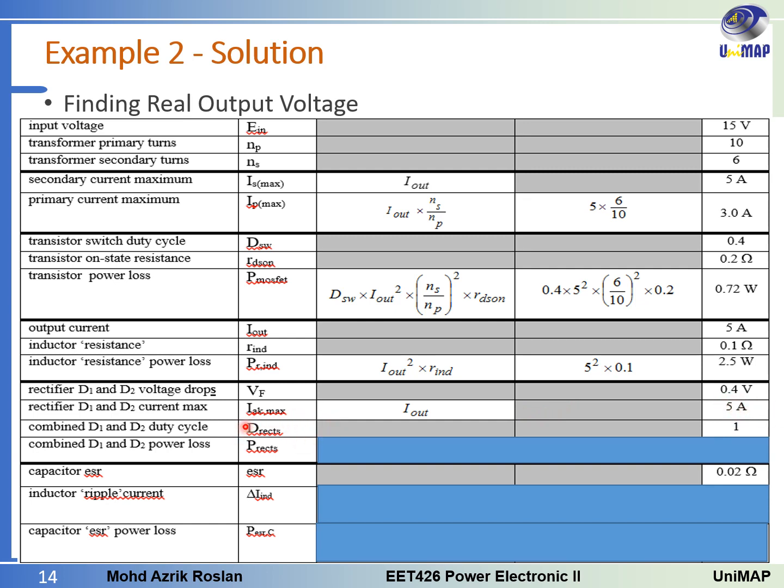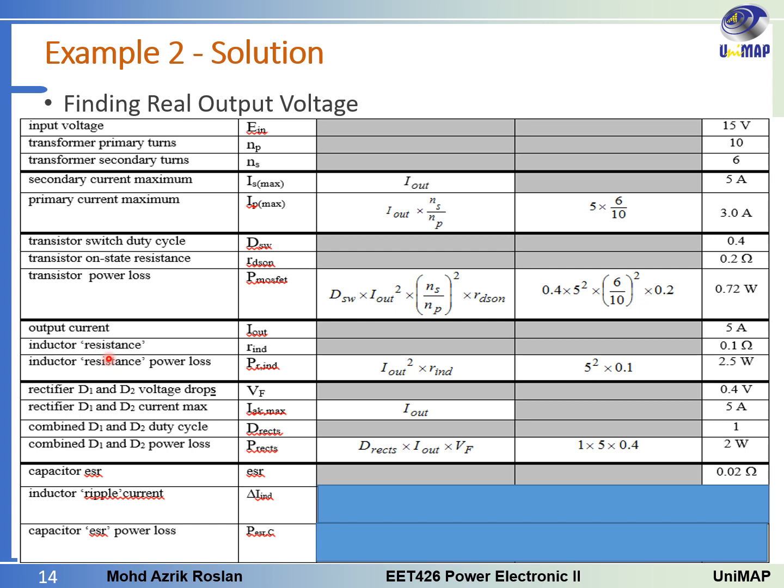Okay, and we have to remember that for isolated forward converter, the D1 and D2 combined duty cycle is 1. Because during the switch on, D1 will turn on, and during the switch off, D2 will turn on. So the total combined duty cycle for the rectifier is 1. And the combined D1 and D2 power losses is, we have the duty cycle 1 multiplied by I out multiplied by VF, which is equal to 2 watt.